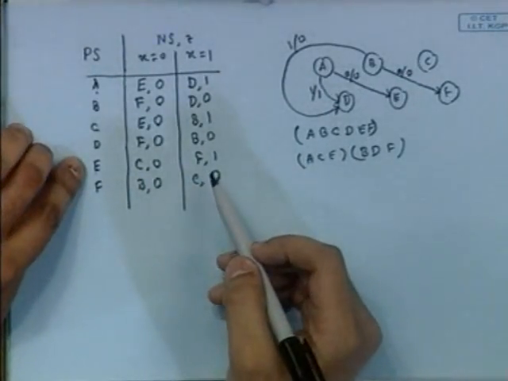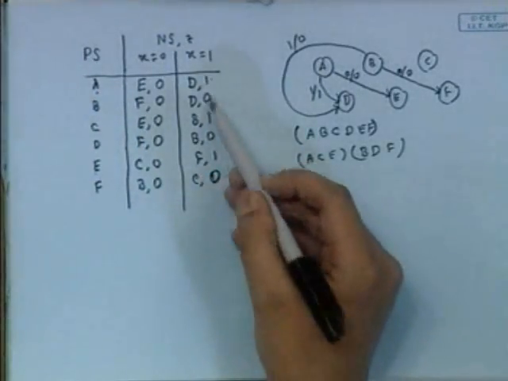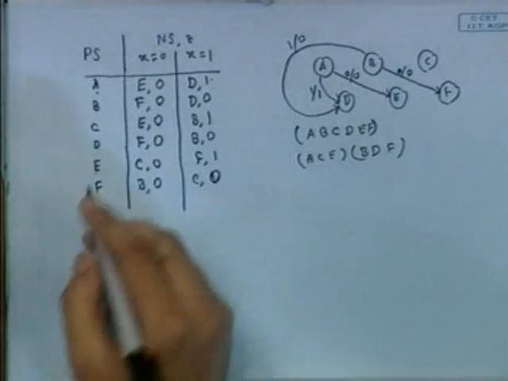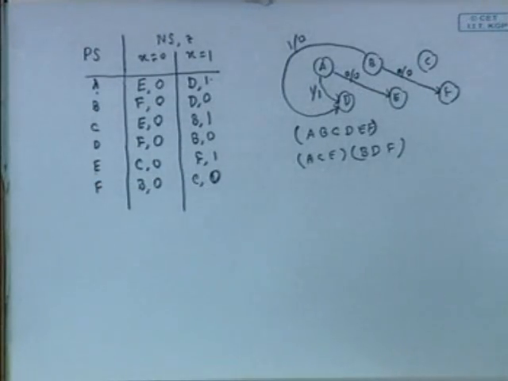A, C and E, with x equal to 1 input, will give 1 1 1 outputs, but in contrast B, D and F will give 0 outputs. With input 1, A, C and E will react the same way and always give 1 output, but B, D and F will give 0 outputs. So we can readily say that ACE and BDF are different sets.